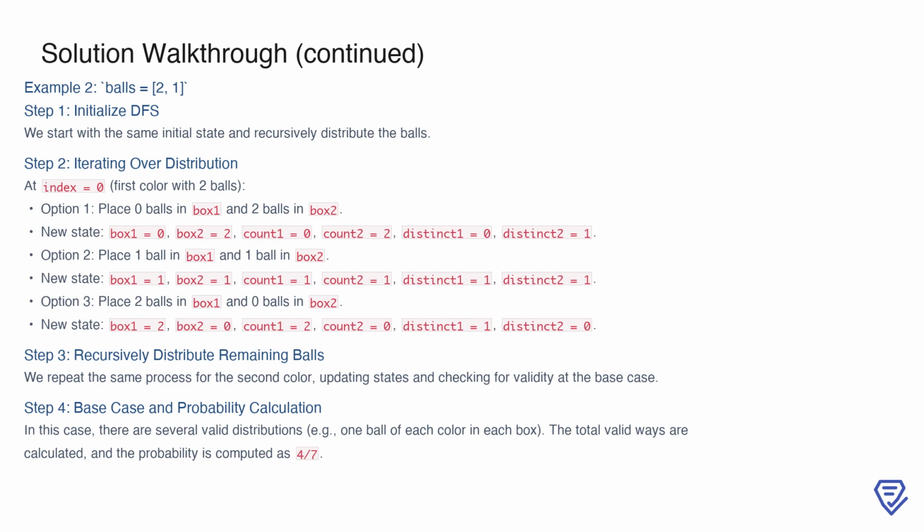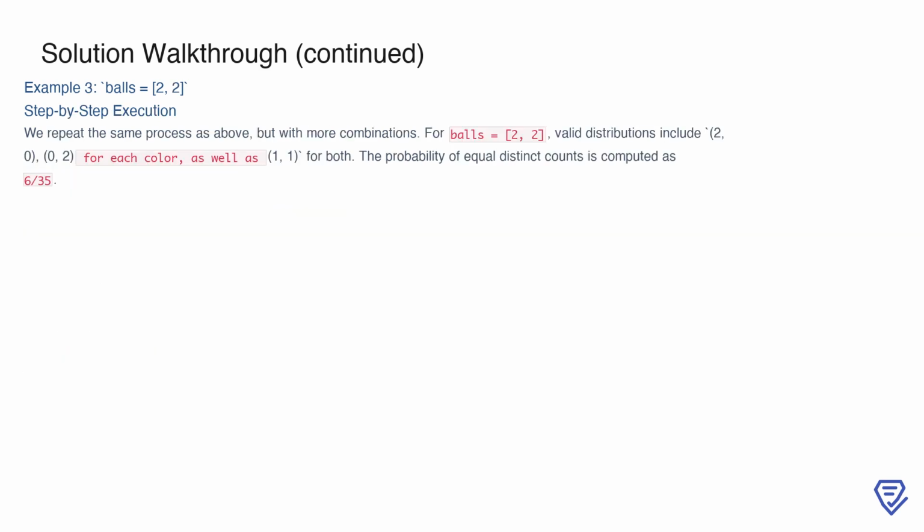is 4/7. For the third example, balls equals 2, 2, the process follows the same steps but involves more combinations. Since both colors have 2 balls, there are more possibilities for how the balls can be split between the 2 boxes. For instance, we could place both balls of a color in one box, or split them evenly between the 2 boxes.